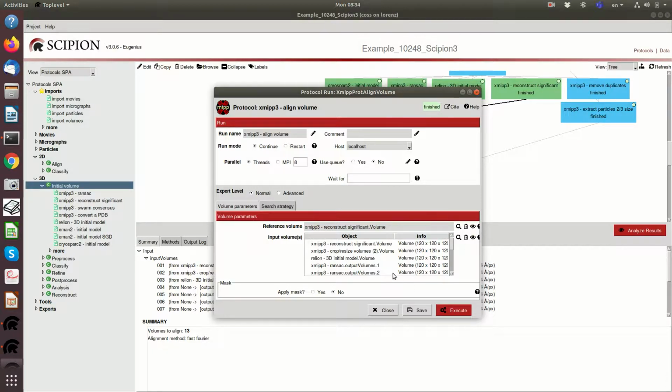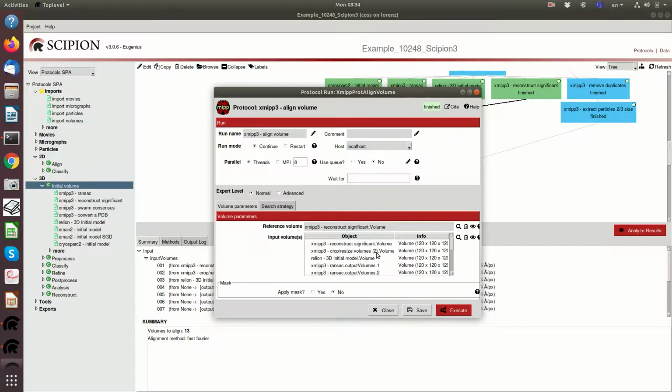The other is that for the next algorithm we need a set of volumes, and one possible way to construct a set of volumes is by aligning all of them, and then the output will be a set of volumes. That is why you use a reference, in this case reconstruct significant, but that reference is also part of the volumes that you want to align, because otherwise it wouldn't be in the output set.